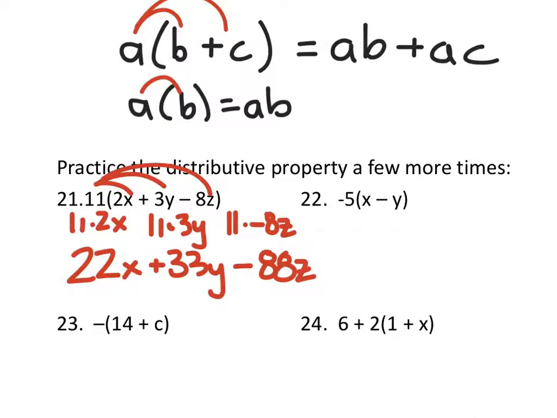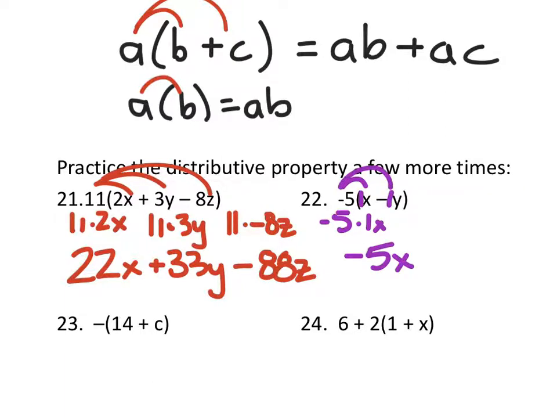This next one, the negative 5. It may be good, depends on if you prefer, but it's not required, to show those phantom ones with the x and negative y right there. So this one is negative 5 groups of 1x, which would give you negative 5x's.